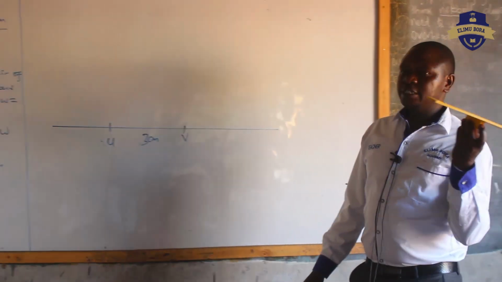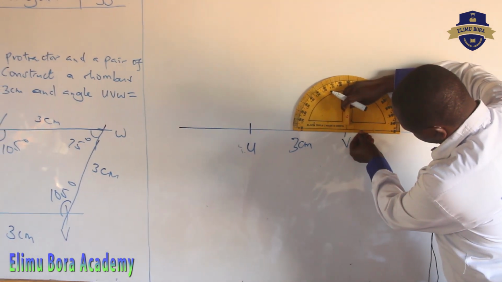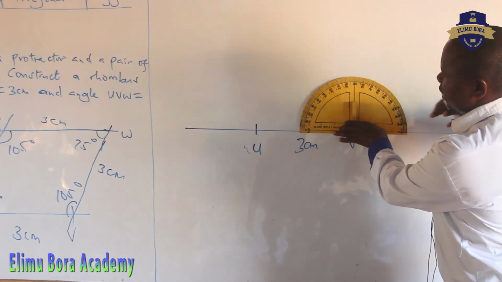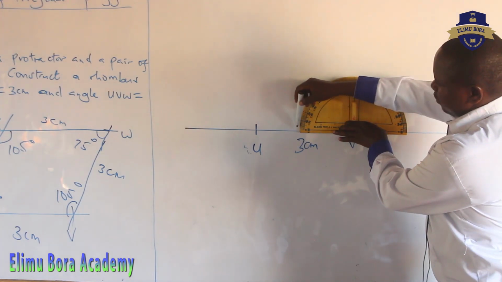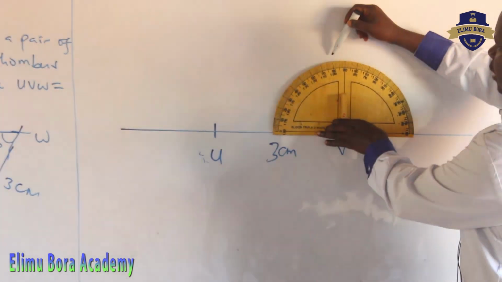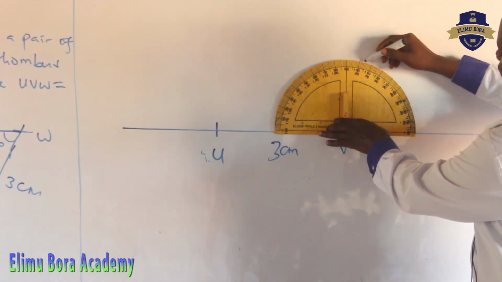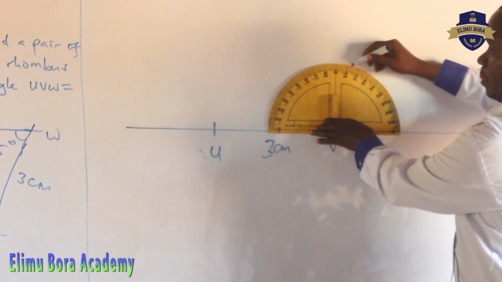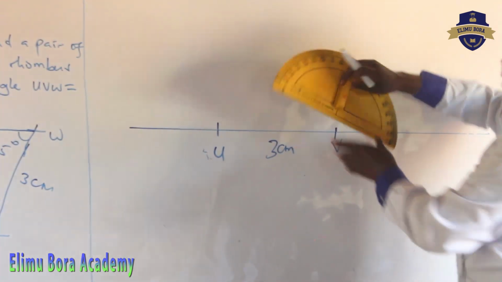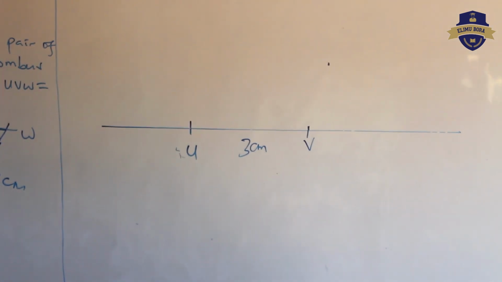So with your protractor at point V, 105. So 0, 10, 20, 30, 40, 50, 60, 70, 80, 90, 100. So 105 is here. Sawa. So that is 105 degrees.